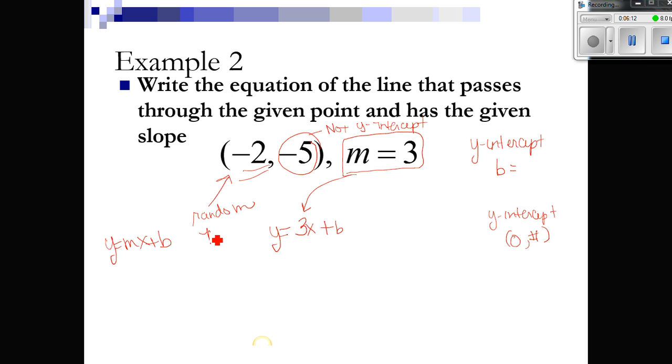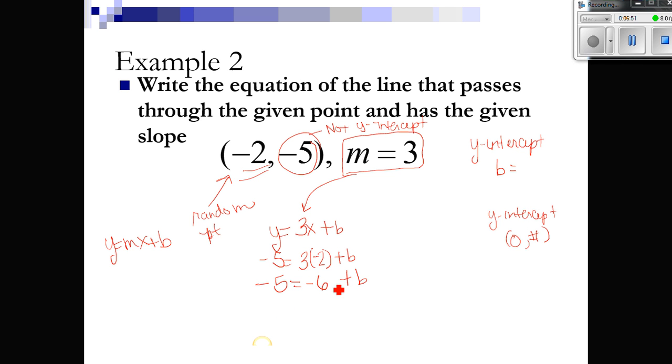Well, because I was given this random point, I know that the -2 in this random point represents the x value, and the y value in the random point is -5. And so I have plugged in -2, -5 for my x and y, and you can see that what I need to do is solve for the letter b.